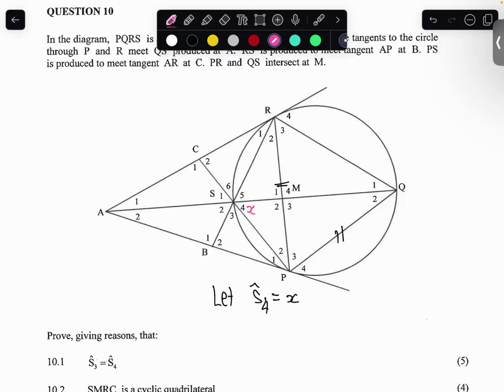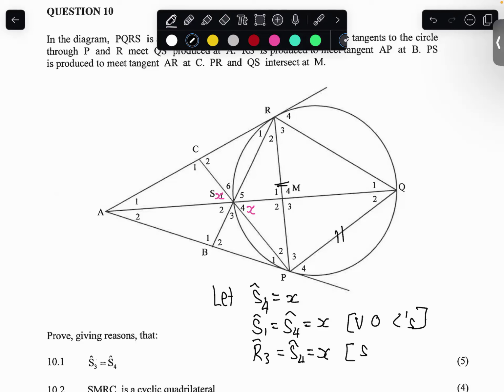So this is X. Automatically, I know that S1 is equal to S4, which is equal to X, because they are vertically opposite angles. I'm extending it as far as I can. Also, angle R3 is equal to angle S4, which is equal to X, because of angles in the same segment.